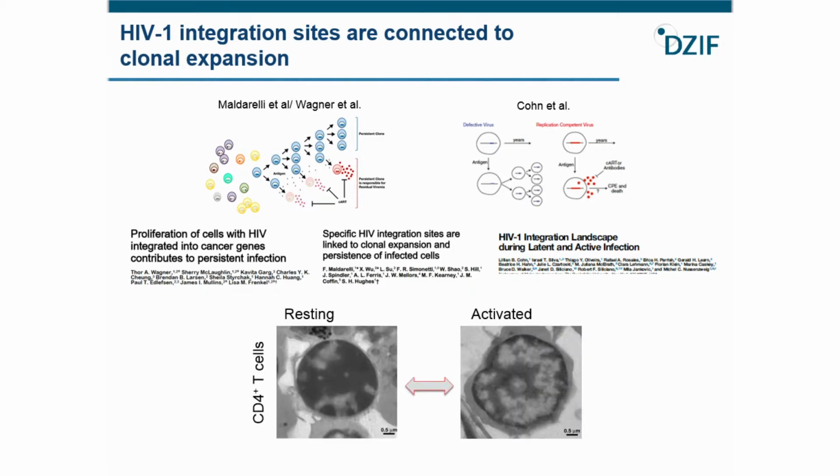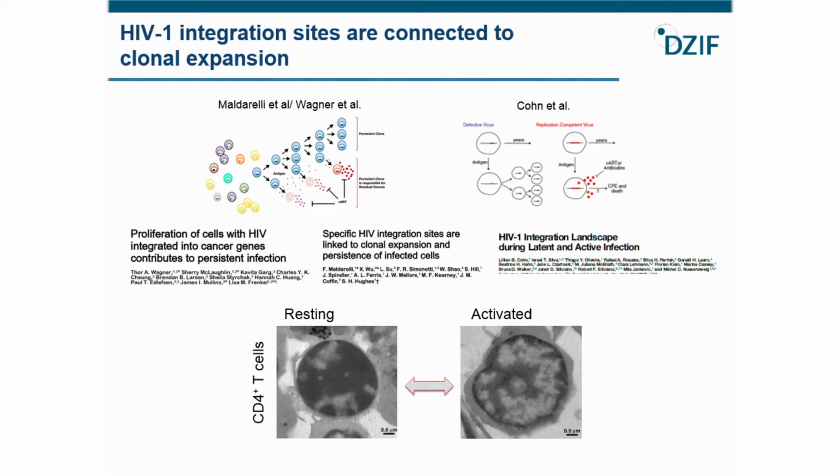So I will again show you this image in which we have the resting cells with condensed chromatin and activated cells with open chromatin. And so what we did was actually to think what is happening. So if these integration sites, which were defined from patients who were on therapy, actually are connected with HIV latency, so the virus is not transcribing.